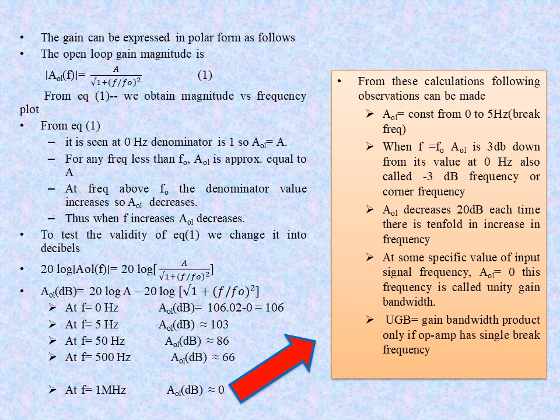So the frequency for which the gain becomes 0 is called unity gain bandwidth, and unity gain bandwidth is equal to the gain bandwidth product only if the op amp has a single break frequency, otherwise this doesn't happen.